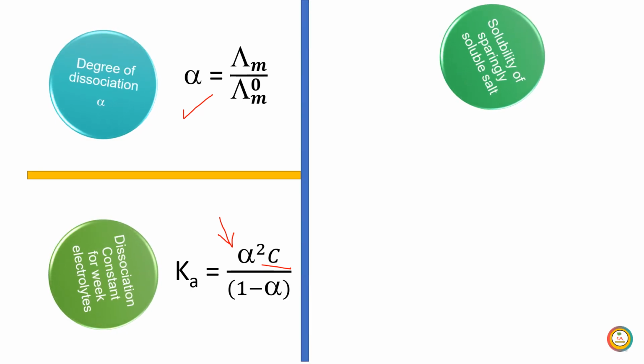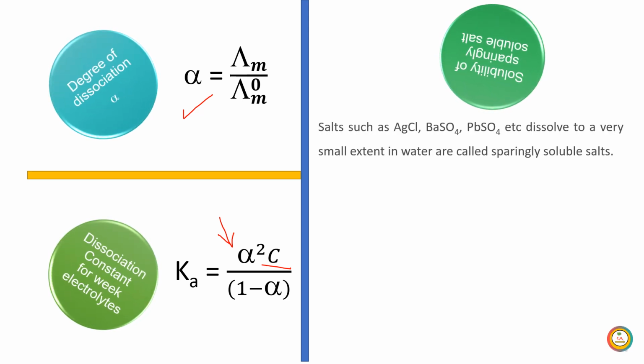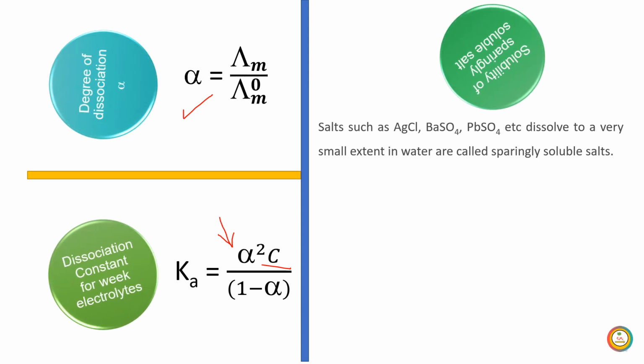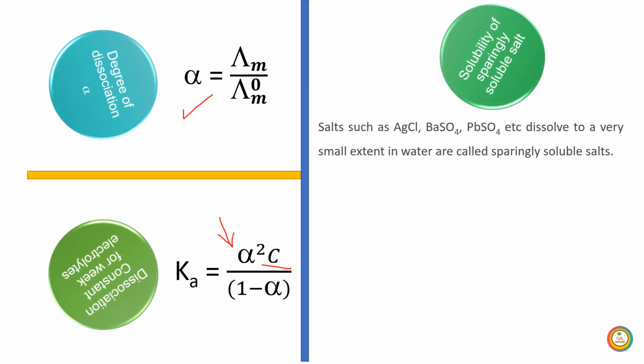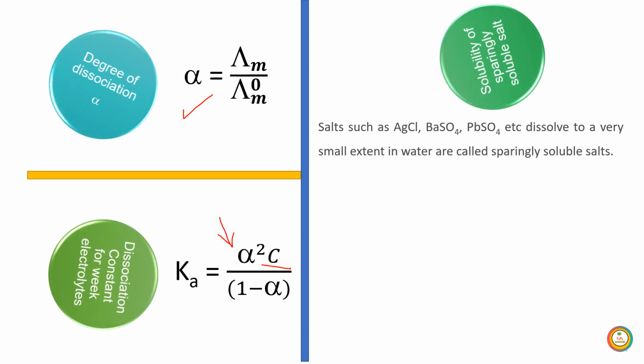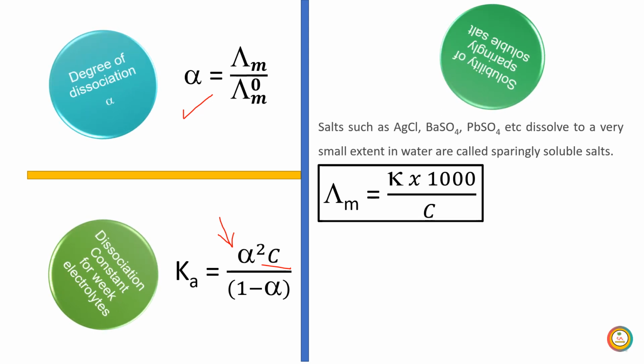Now the solubility of a salt. Such salts like AgCl, barium sulfate, lead sulfate are very less soluble in water. They are also known as sparingly soluble salts. For that, we first find out the molar conductivity.